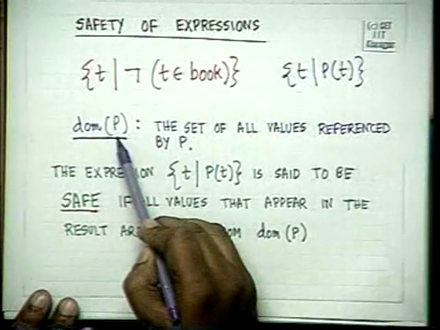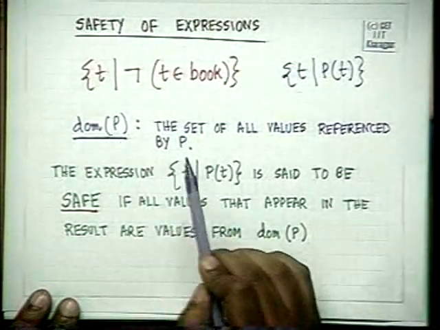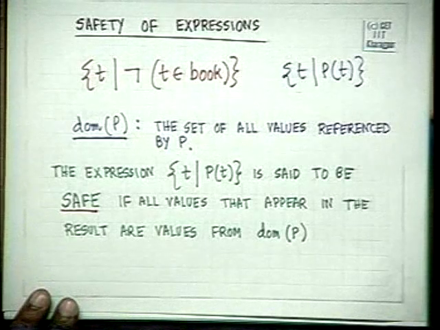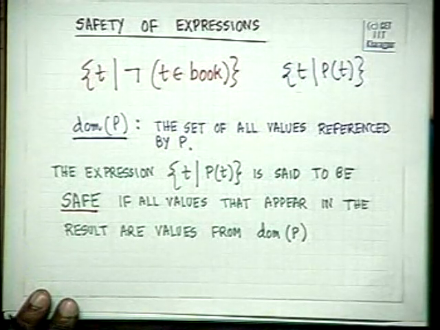That is, in the predicate P, I will use a set of relations, and I may use a relation 5 times. The Cartesian product of all the relations which I use is called the domain of P. If I use it 2 times, then twice. That gives me the domain of that particular expression.